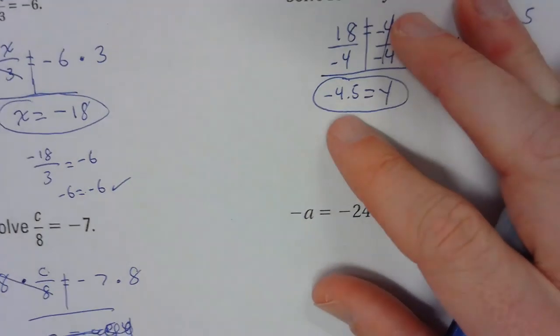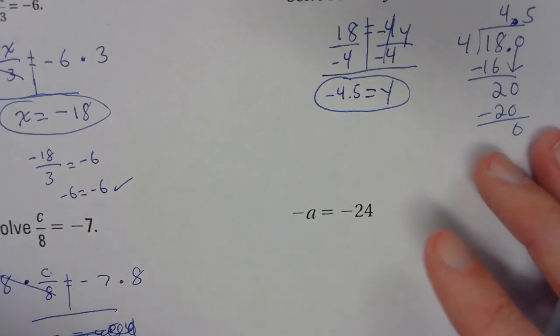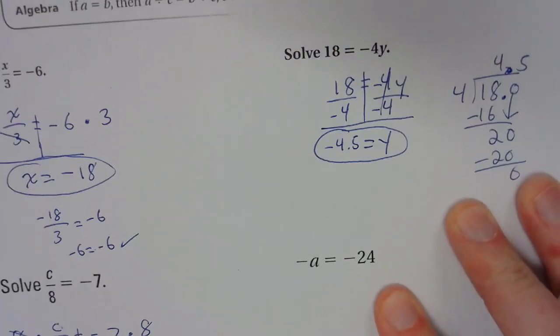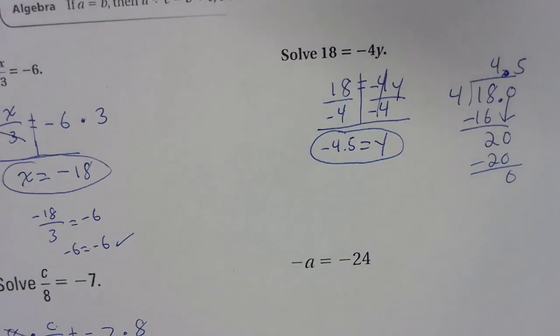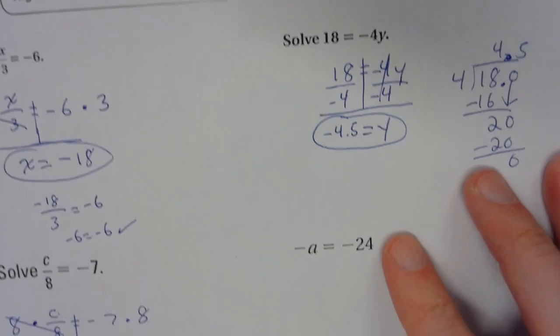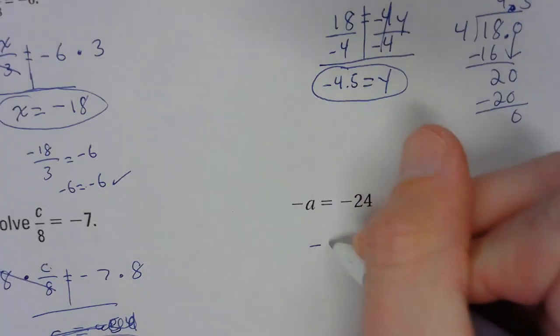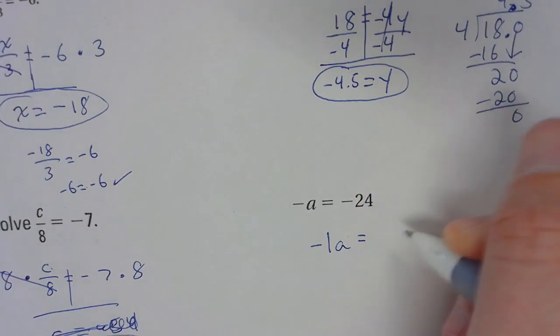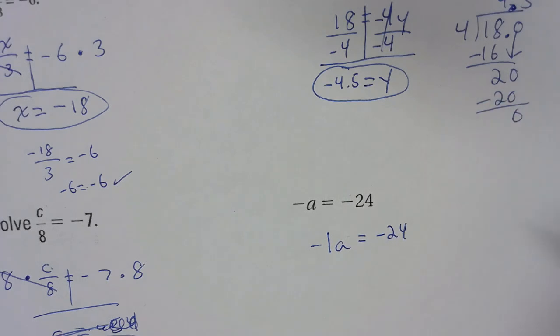Alright, down below, I have negative a equals negative 24. Now, I don't have a number in front of the variable, but to make this a lot easier, if I were you, I would just rewrite it and put negative 1a equals negative 24. That just makes it visually a little bit easier to see what's happening.